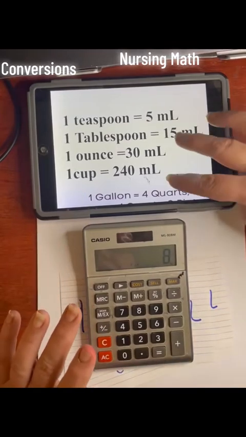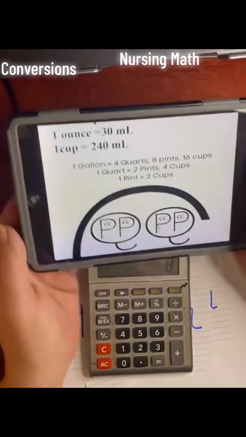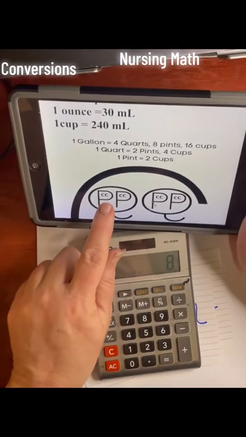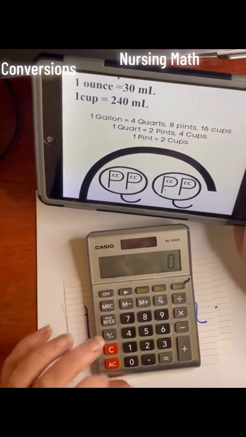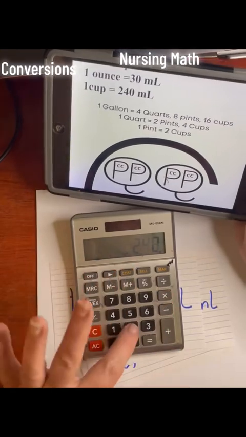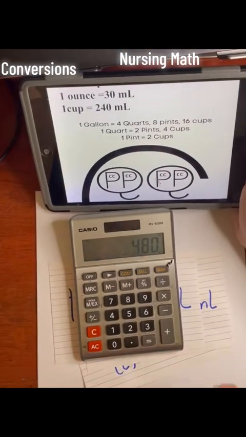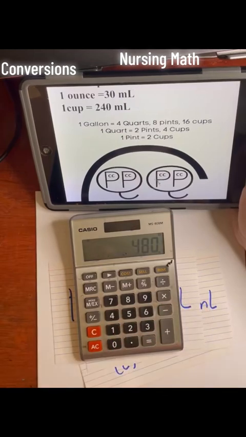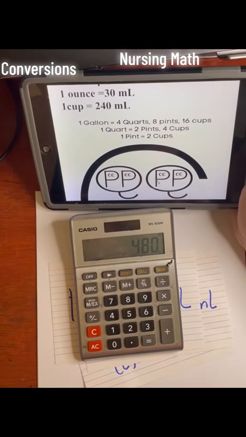And for the other stuff, I don't know if y'all have ever seen this. You probably have. But you see 2 cups makes 1 pint. And so if you know 240 is in 1 cup, then times 2, a pint is 480. Some people think it's 500, and that's not true. It's 480.